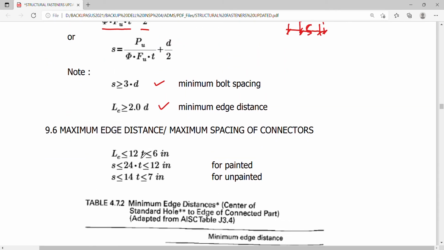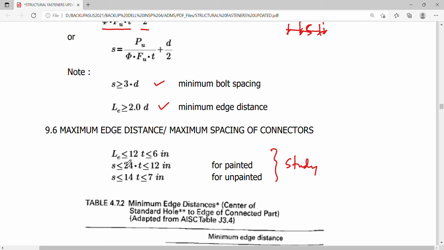Now for the maximum edge distances, these are based on some study on the maximum distance upon which your bolt will actually hold the connections together as a unit.